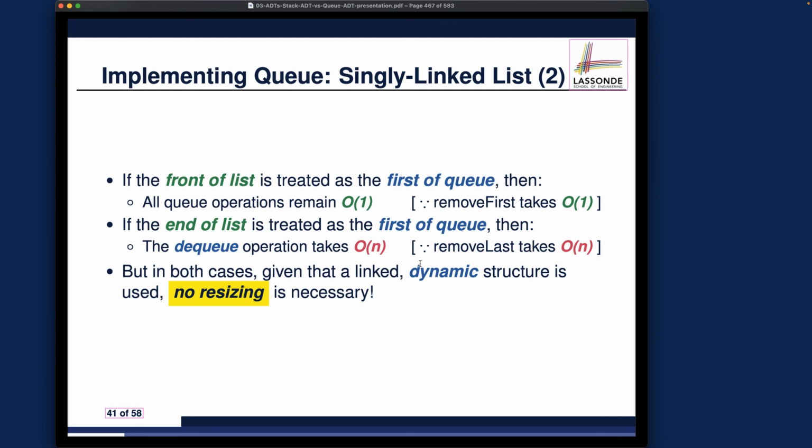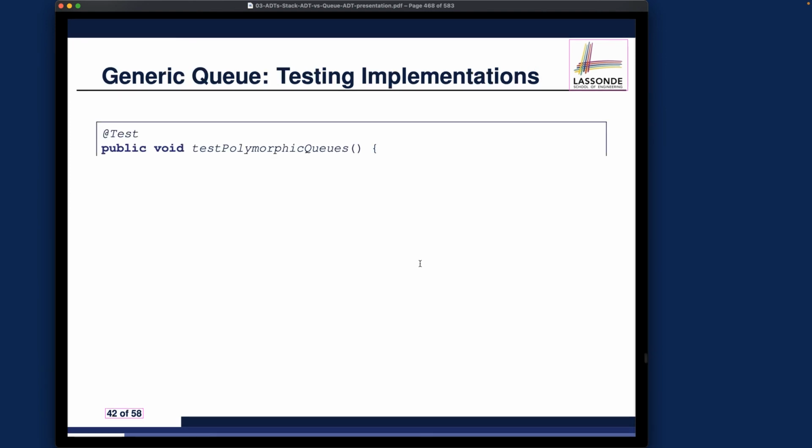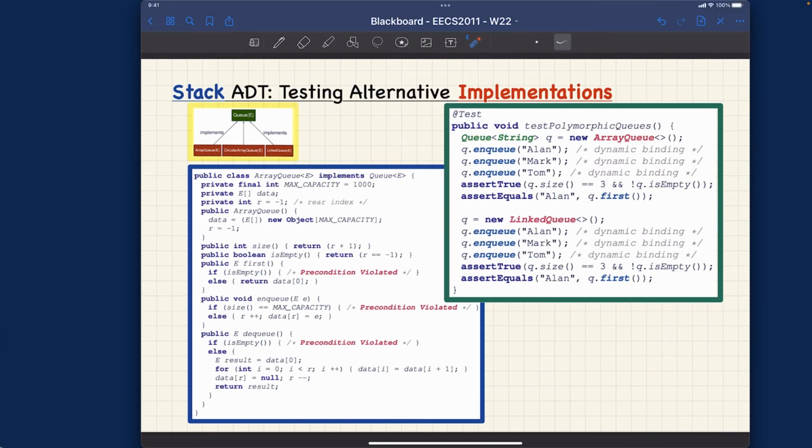But we talk about resizing dynamic array later. Right? And this part over here is really about the polymorphism and dynamic binding that we did earlier. So I don't need to really trace the code again. We did it completely in the stack example. What I want to highlight very quickly is, once we declare the queue as the interface, we can declare that as a static type.